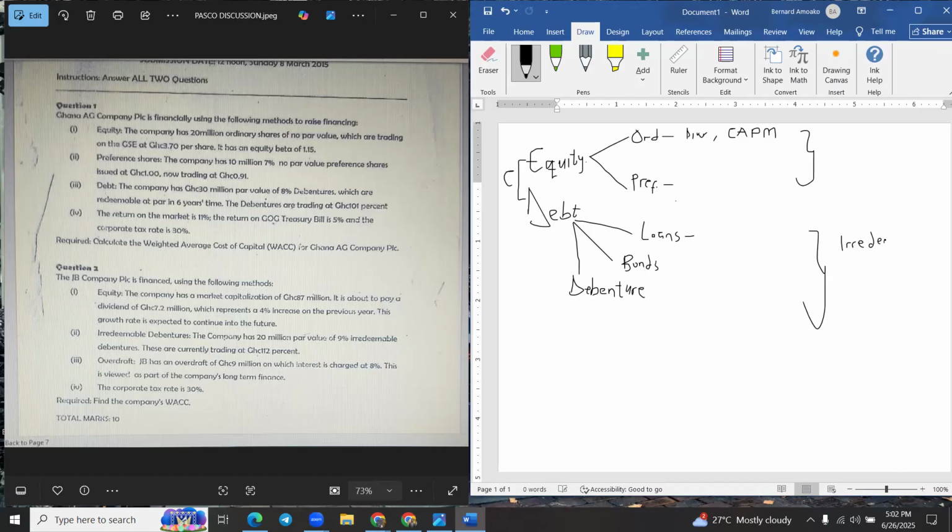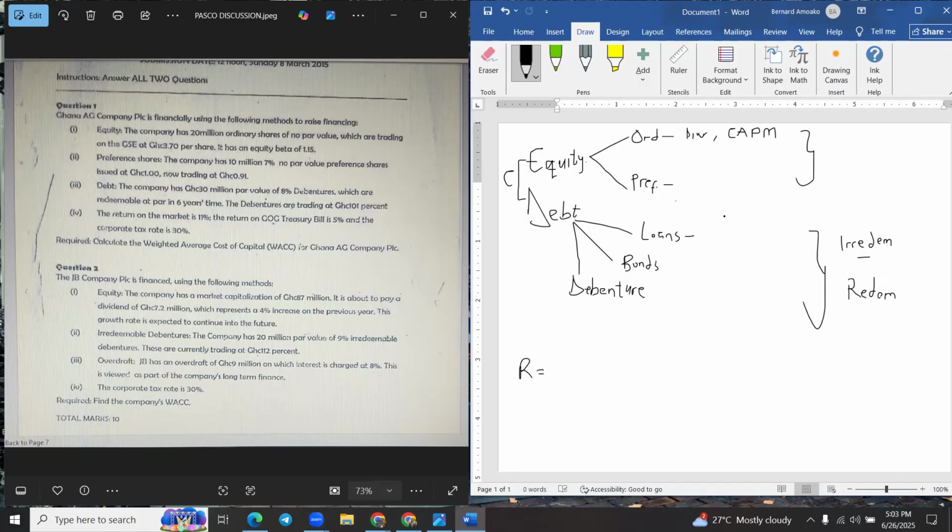Now, when we say redeemable, it is basically paying the interest plus the principal. That is how come that formula is a bit broad compared to the irredeemable. The irredeemable means paying the interest for a longer period of time.